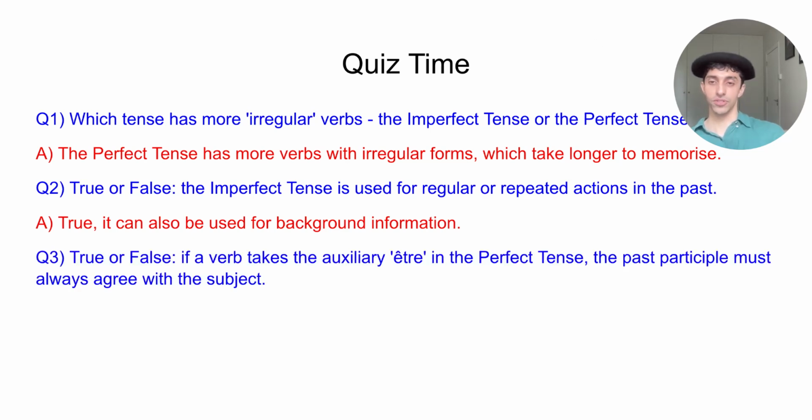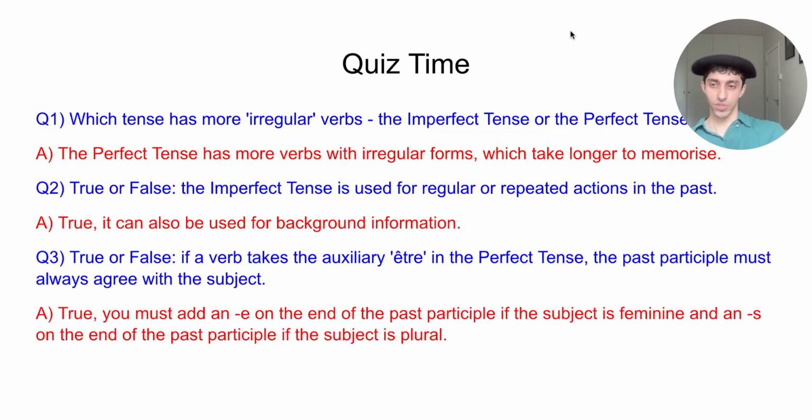Question three, then, true or false? If a verb takes the auxiliary verb être in the perfect tense, then the past participle must always agree with the subject. Is that true or is that false? Let me give you some time to think over that. Okay, and I'm going to show you the answer. So this one is also true.